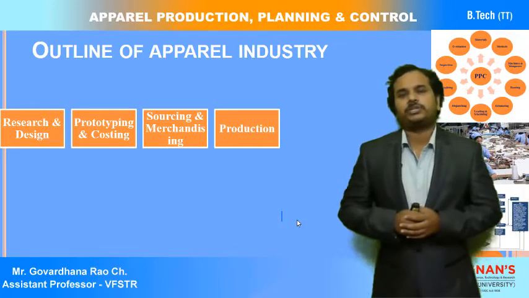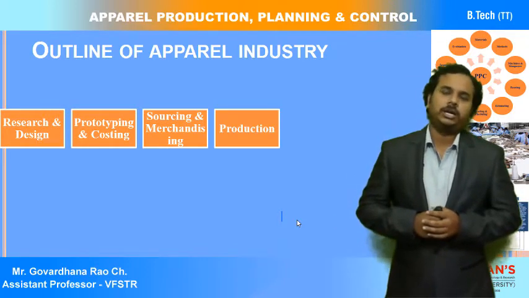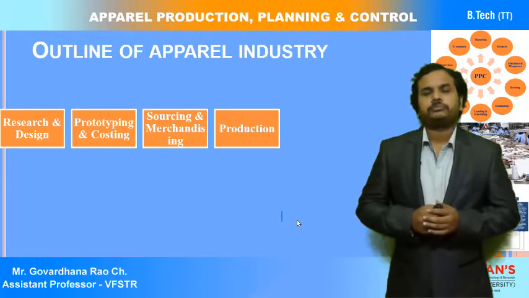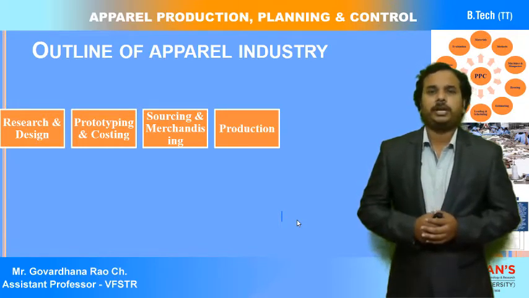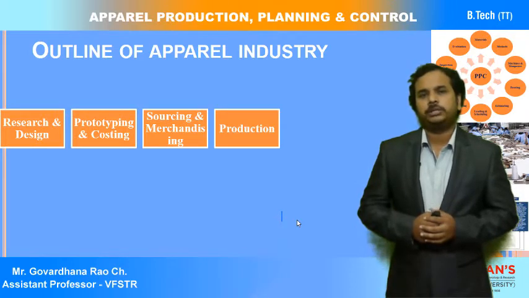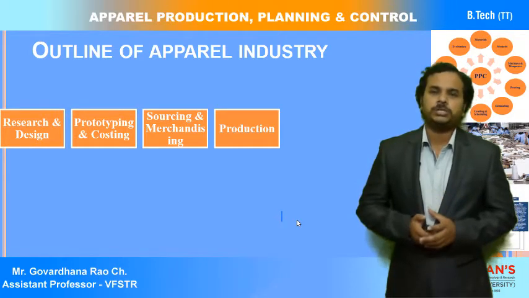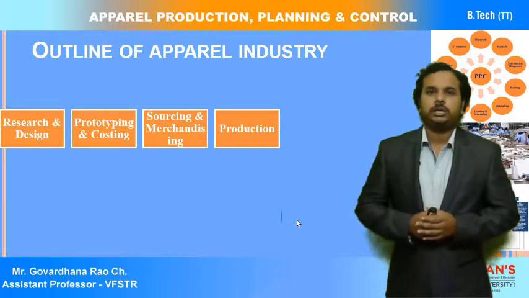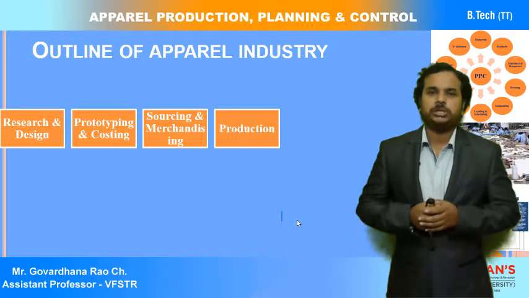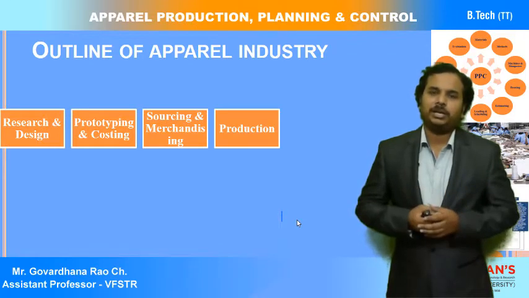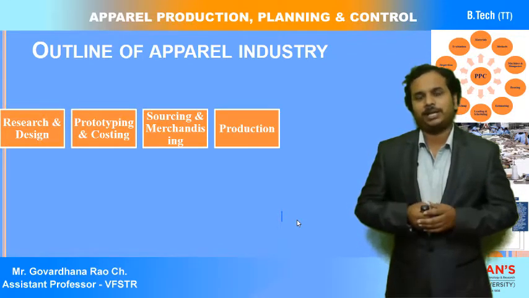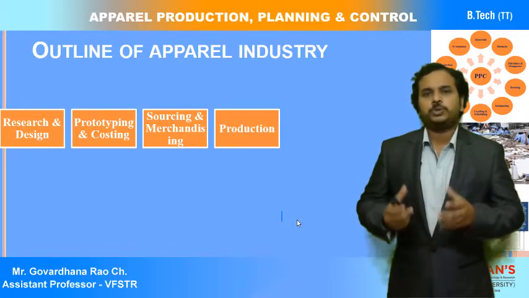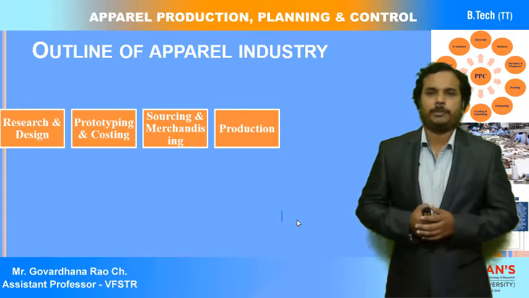Sourcing and merchandising is also another head of the departments, like the sourcing for the material, raw material procurement or raw material sourcing. There are n number of raw materials, which include your fabric, your trims and accessories, packaging material, and so many others. So sourcing is also one of the major departments.